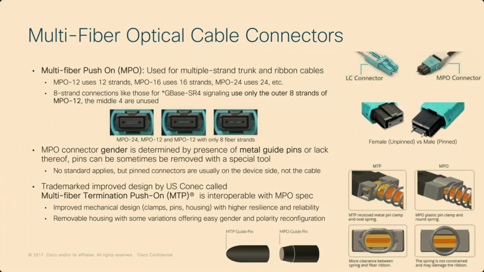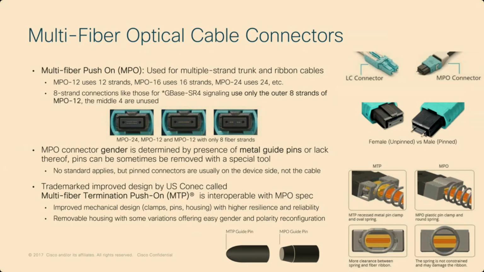This is going to have multiple fiber strands in the cable, and there can be multiple. So you can have 8 strands, you might have 12 strands, you might have 16 strands, you might have 24. And depending on the number of strands in the cable, that connector is going to have a different number. So an MPO 12 uses 12 strands. If you use an MPO 24, it has 24 fibers.